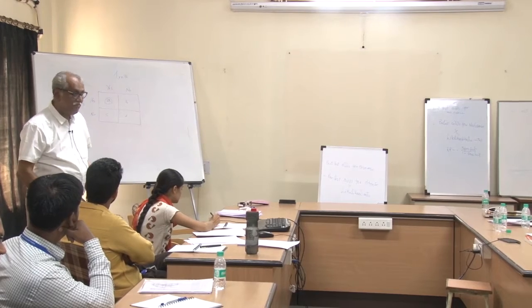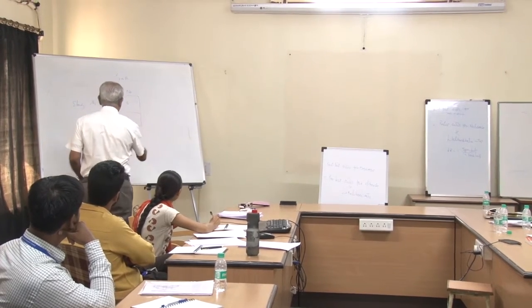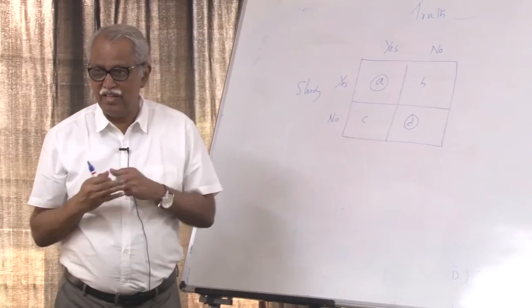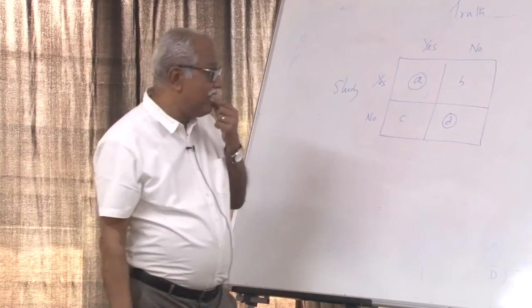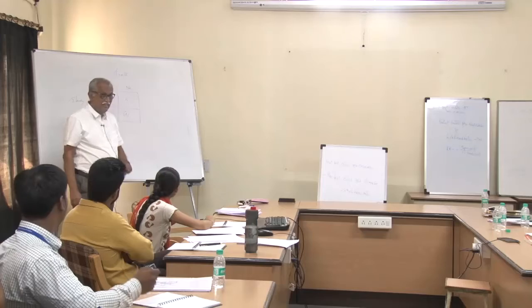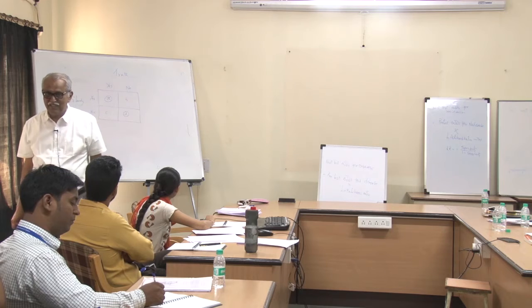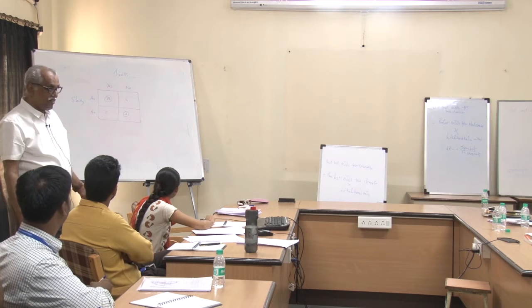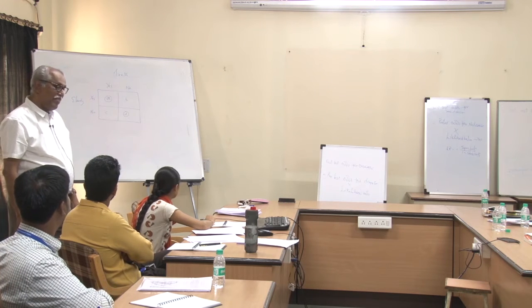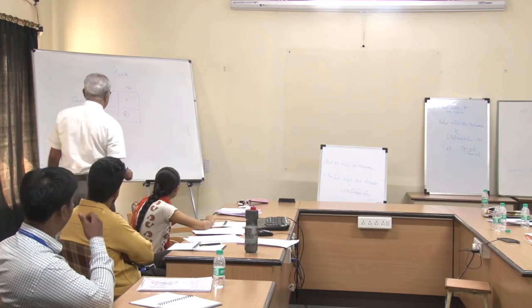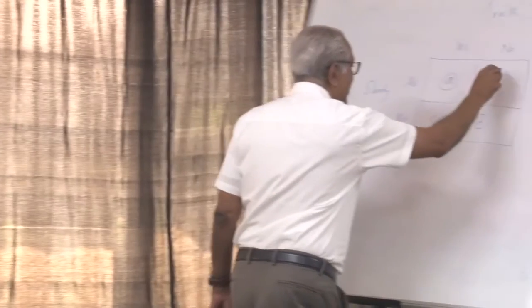Okay? Similarly too, if you are here, you have found the truth. But then, supposing you are here, that is, you are saying, yes, the drug works, but actually it does not. That means you are making an error. And we call that type 1 error.